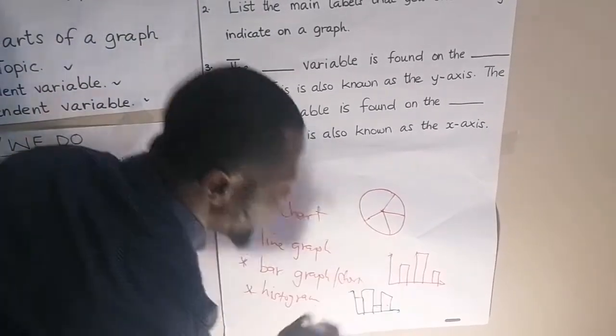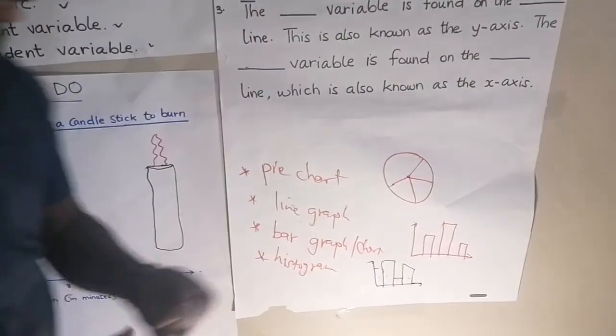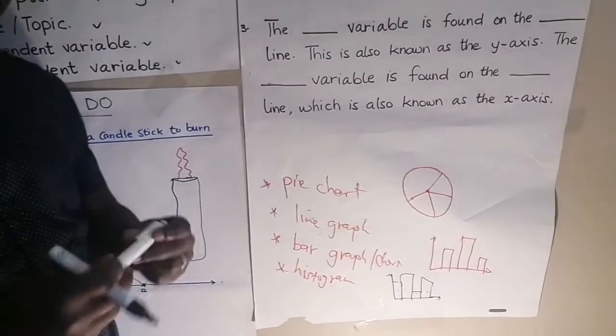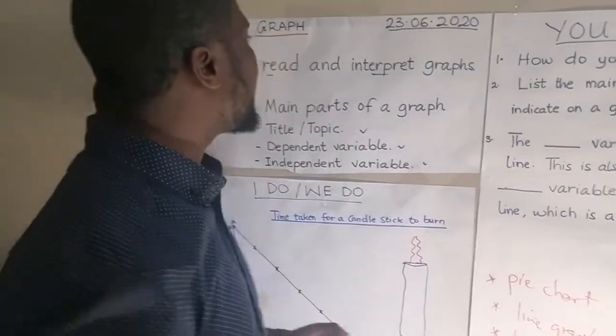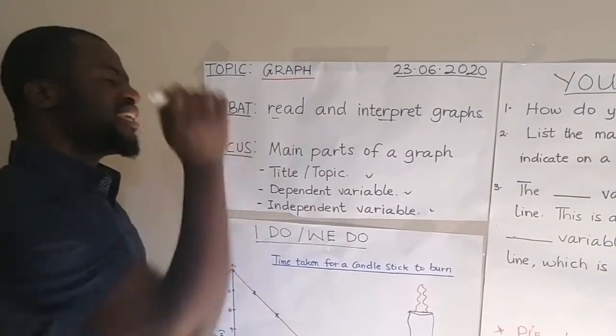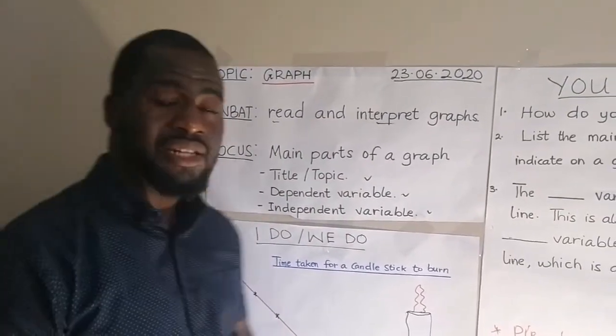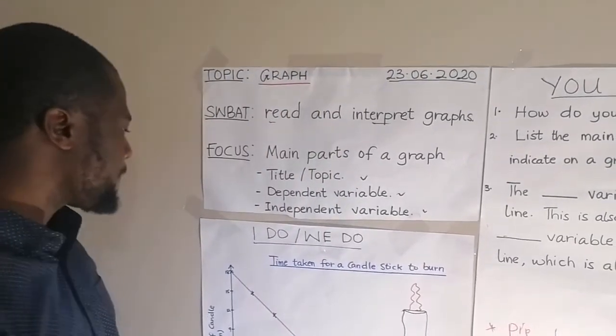The bars are together. There is no spacing like in the bar graph. That's the difference between the histogram and the bar graph. This is just a recap of what you did in the previous grades. In grade 7, as we introduce our topic graphs, we are only looking at the introductory parts, how to identify the key parts today.